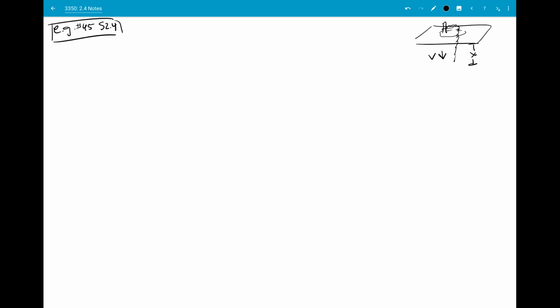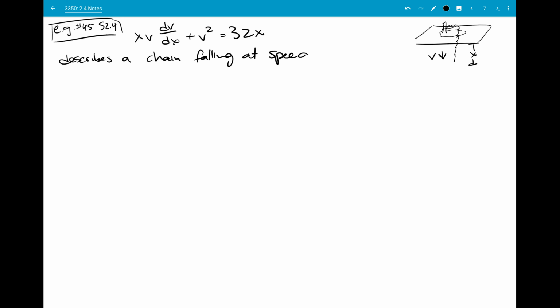The differential equation for this process is xv dv dx plus v squared is equal to 32x. It describes a chain falling at speed v at its current length, or distance from the surface it started from, x.